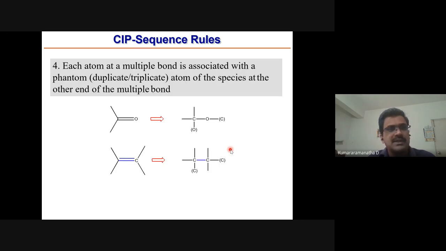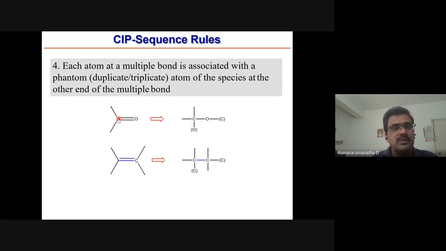Next comes the double bond. I don't know whether you have already read this or it might not have struck you. If you have a double bond or a triple bond, you consider it as a duplicate or triplicate of the species. If you have a double bond, it means C bonded to O, C bonded to O. It is essentially right, no?